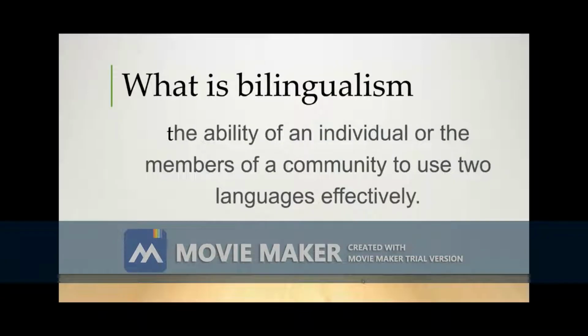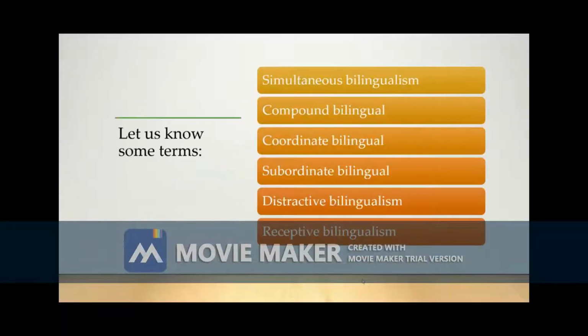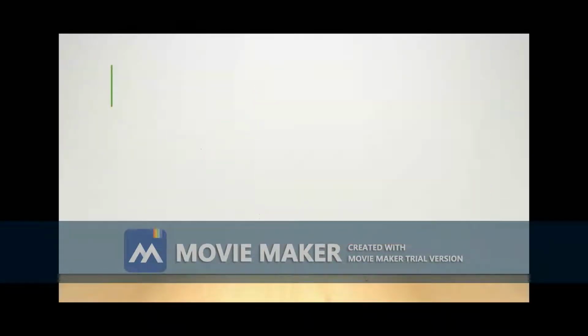What is bilingualism? The ability of an individual or the members of a community to use two languages effectively. Thus, know some terms: simultaneous bilingualism, compound bilingual, coordinate bilingual, subordinate bilingual, destructive bilingualism, receptive bilingualism.